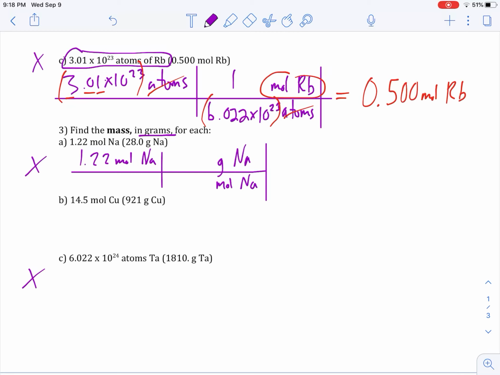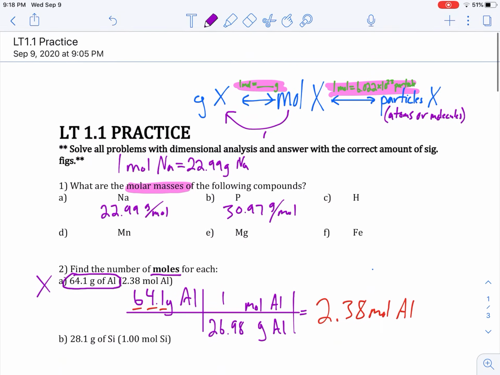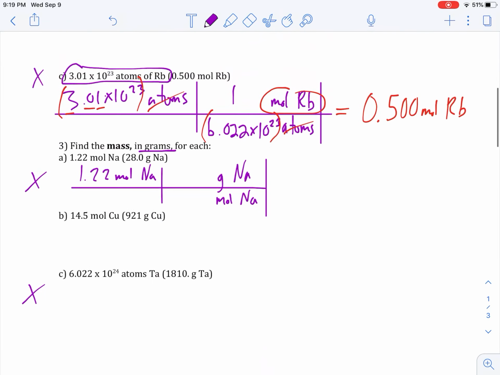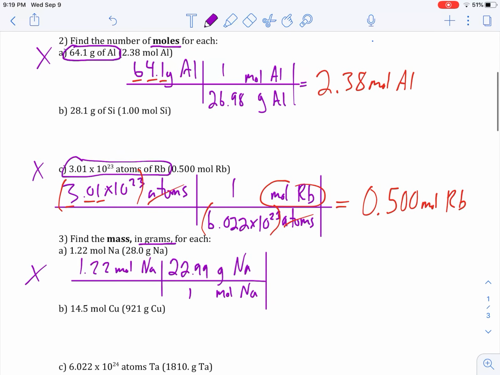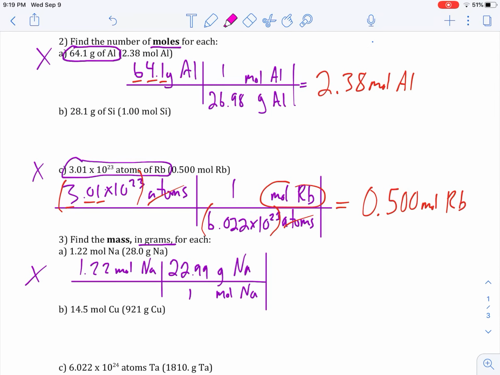And the number I use for this is going to be the molar mass, the same one that we wrote down right here: 22.99 grams per mole. Before we calculate this one out, I'd like you to compare this problem with this problem here.